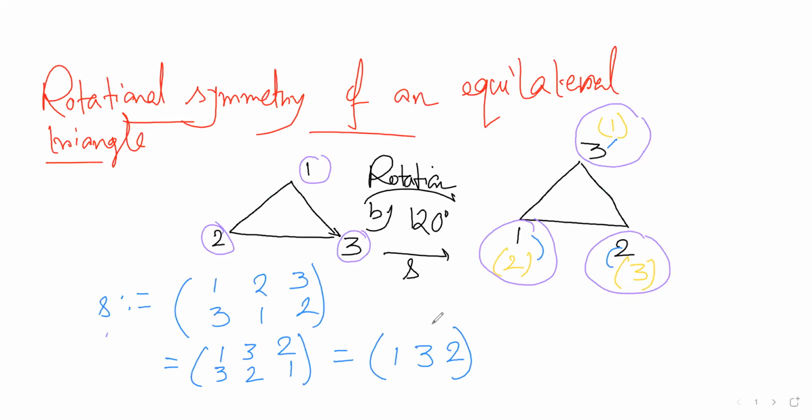So what is the natural thing that comes to our mind, that if we do the 120 degree rotation two times, then we get the same thing, right? So if I compose (1 3 2) with (1 3 2) again, then I will get this rotation, right?